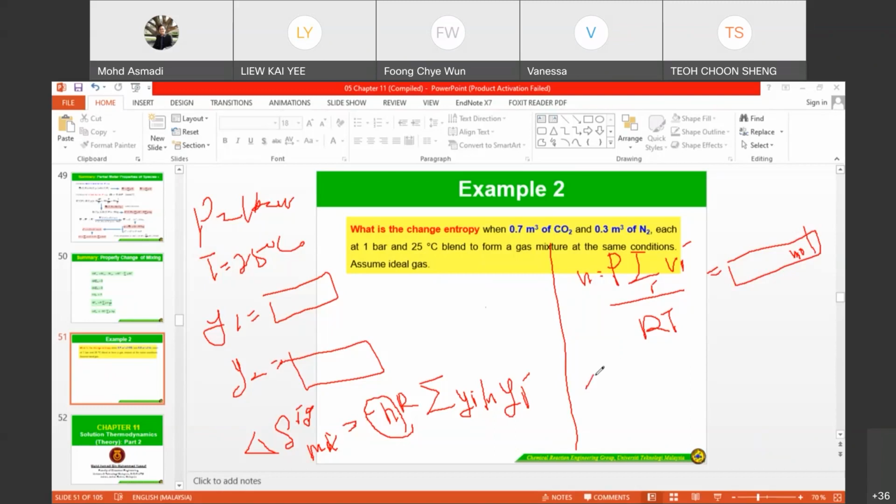So delta S equals, just substitute into this equation. Please calculate and give me the value. I give you 5 minutes.